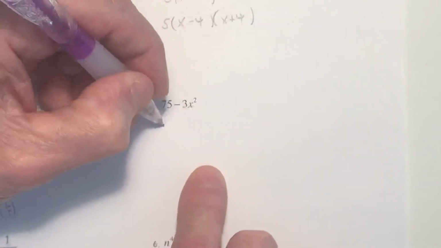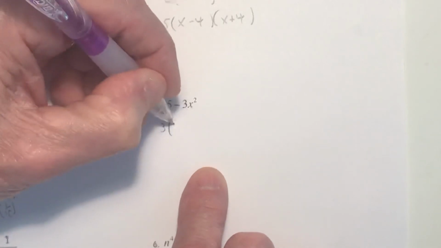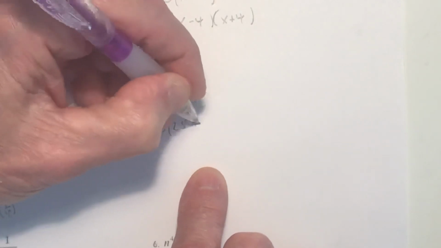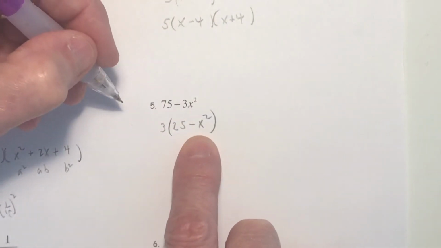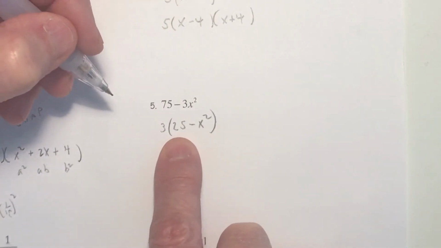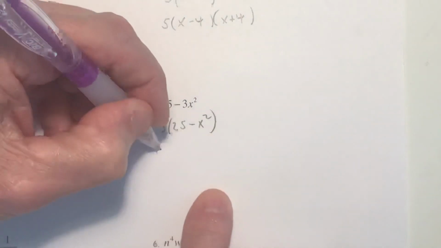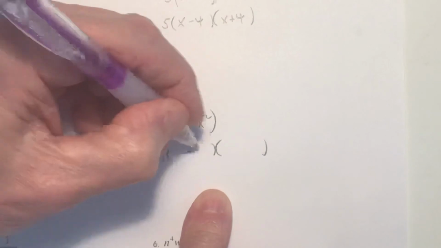Is there a GCF? 3 comes out. 3 times 25 minus x squared. Now I'm looking at a difference of the square of 5 and the square of x, and all I have to do is write my answer.